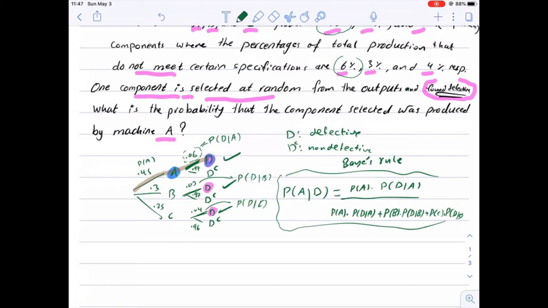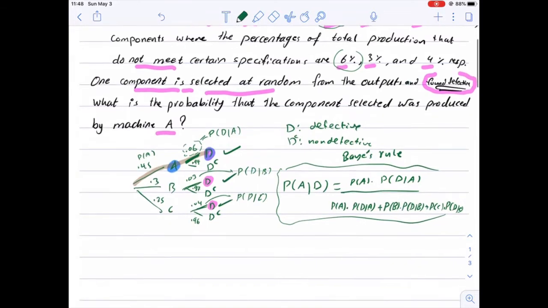It's conditional, but it's written in this form. It's part of all, and we are interested in finding the branch that is of interest, and then dividing by all branches that give a defective outcome.